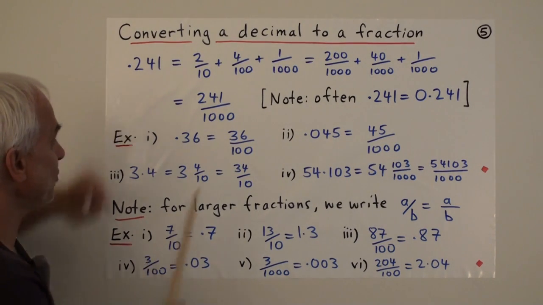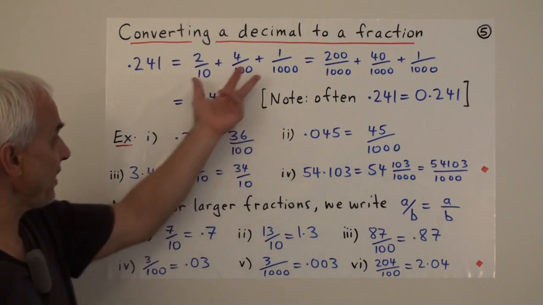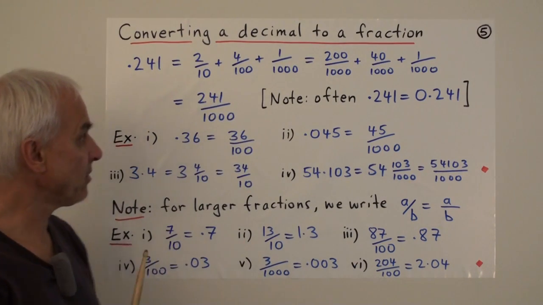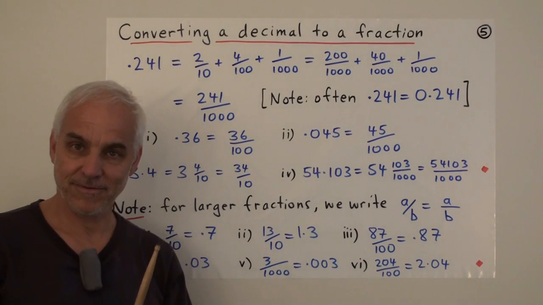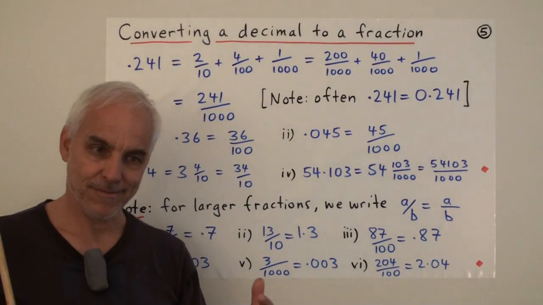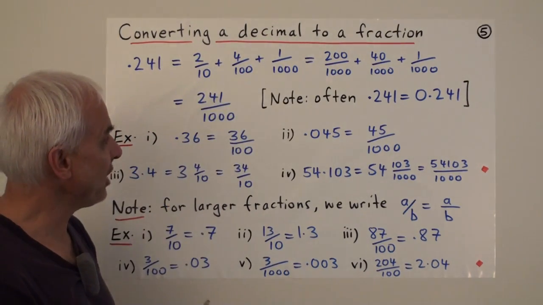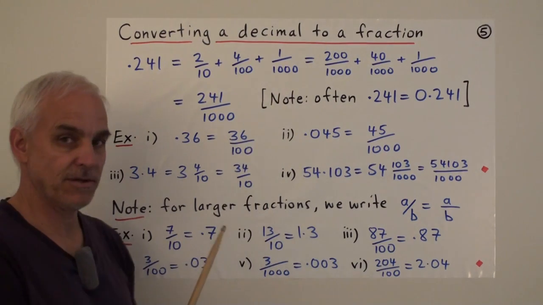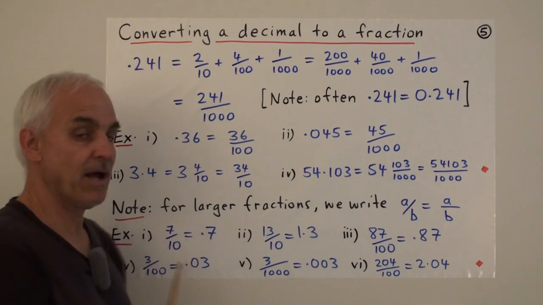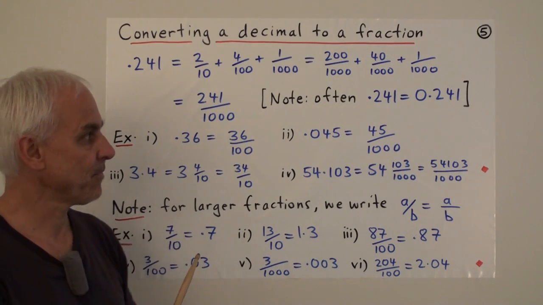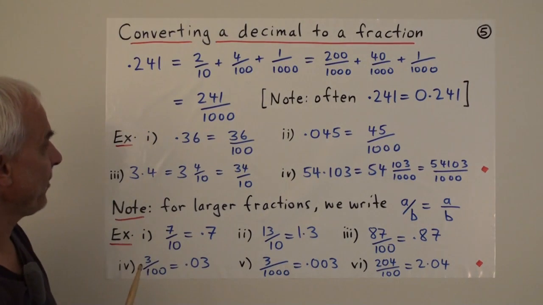So this decimal is really the same as this fraction. And to write that as a fraction in standard form, we would want to get a common denominator. Remember, that's how we add fractions. The common denominator that we should choose here is 1000, because 1000 is a multiple of both 10 and 100. So we're going to convert all of these things to 1000 and watch what happens.